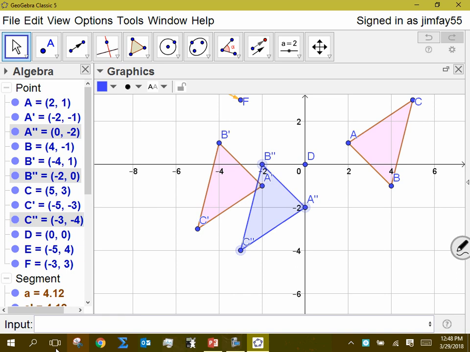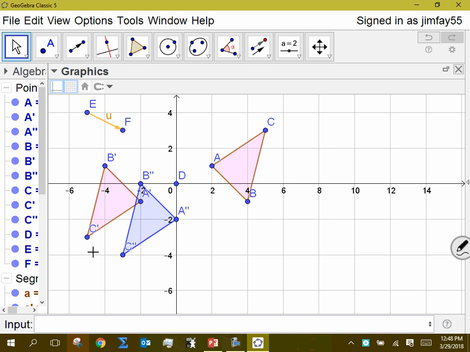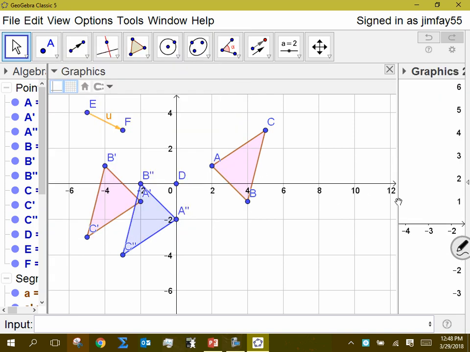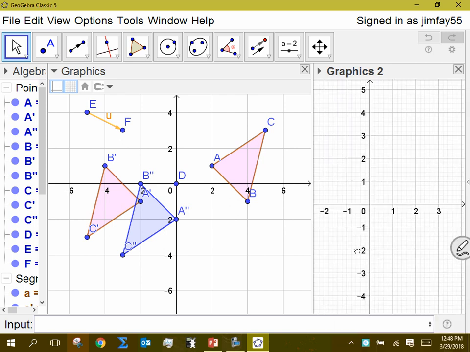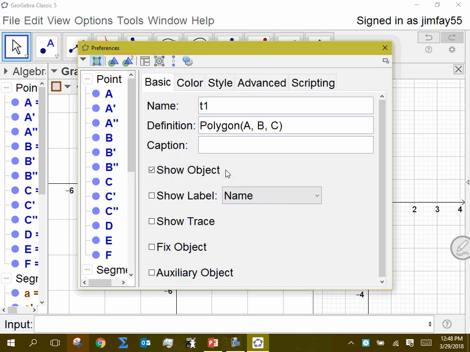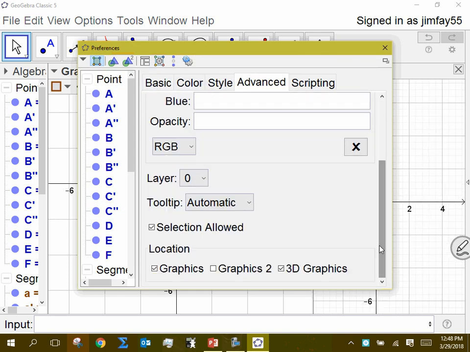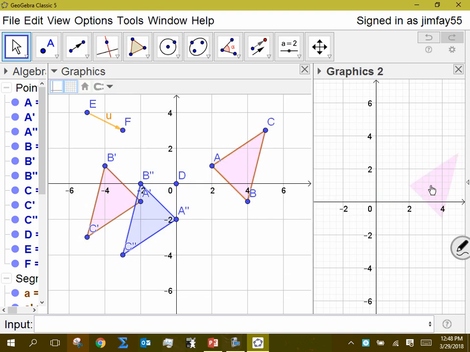Now I'm going to do, you don't have to write this down, but I want you to see something here, which is very, very important for compositions. I'm going to take that image and put it on another graph. So we're going to start off with this image, which is the same as this one, right?